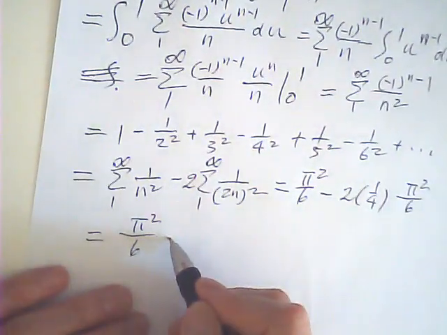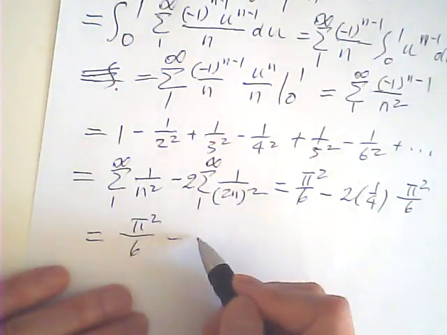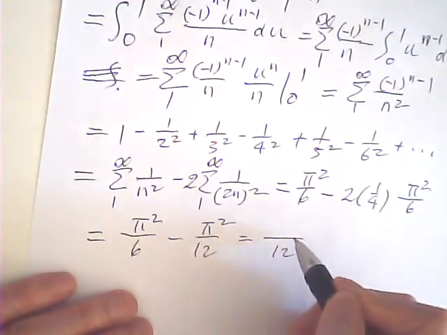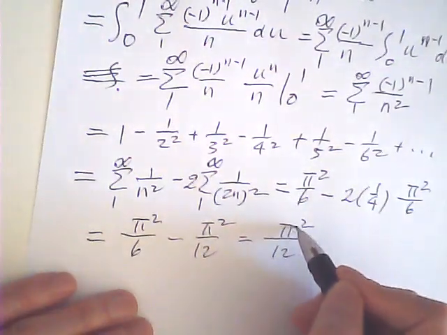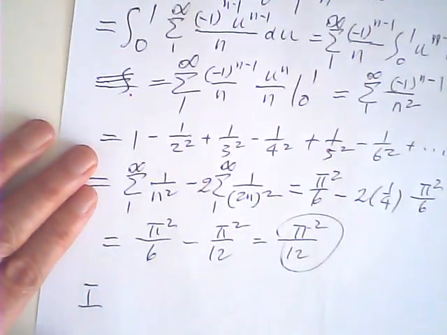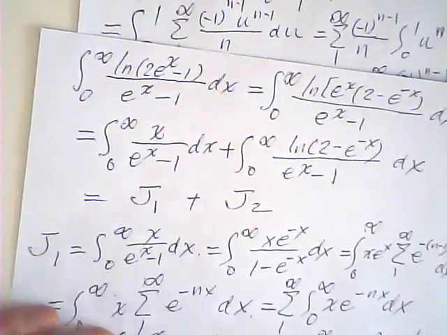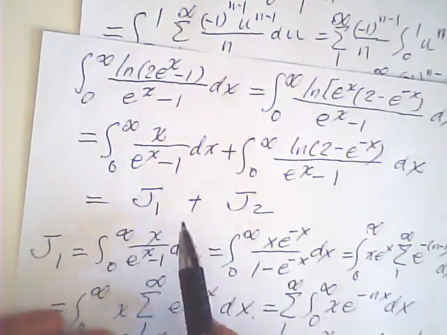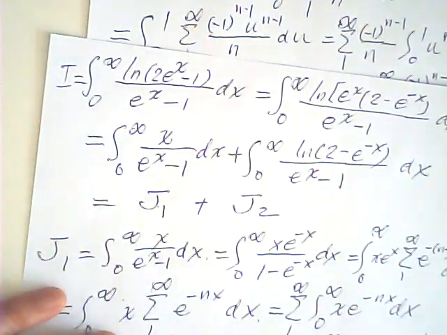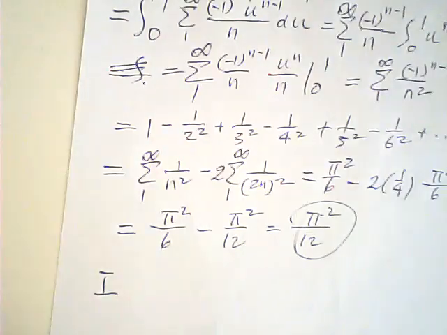Half, right? So this is equal to pi squared over 12. So this is my J2. My I is equal to J1 plus J2, and the J1 is this one I did.